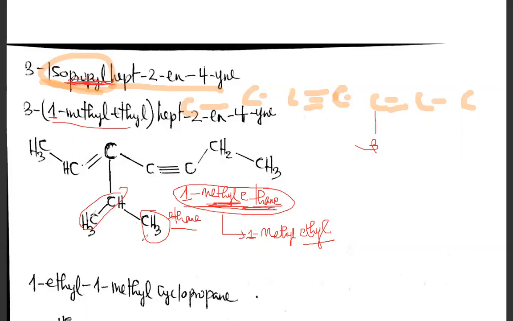If this was just a chain that we were taught to name, we would have named it methyl ethane. But now, because it appears to be a substituent, it will be called methyl ethyl, rather than ethane, but ethyl. Is that clear?